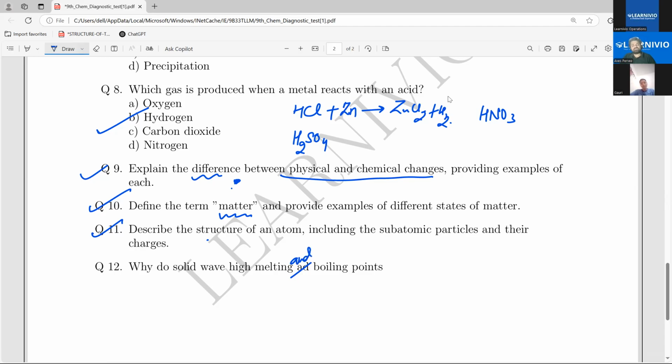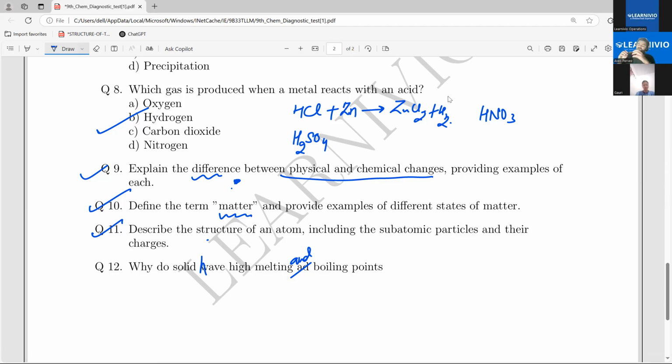Why do solids have high melting and boiling points? Because the force of attraction is there, so the molecules are very tightly packed, and to weaken their force of attraction we have to apply a high melting or boiling point.